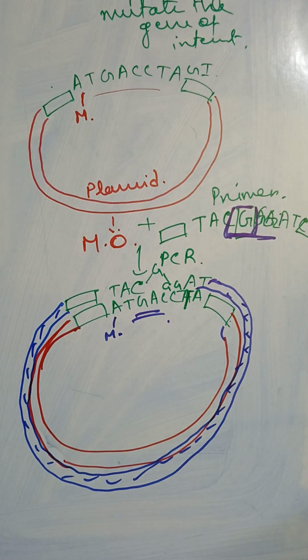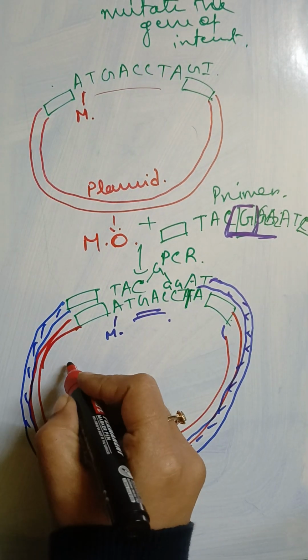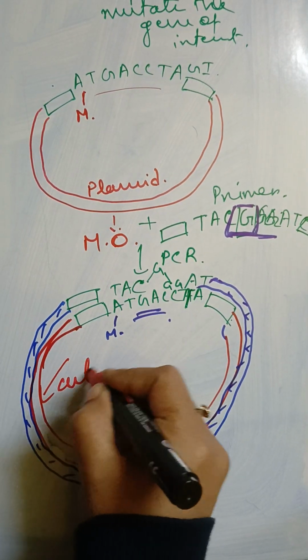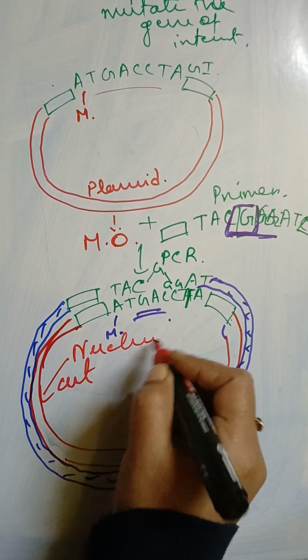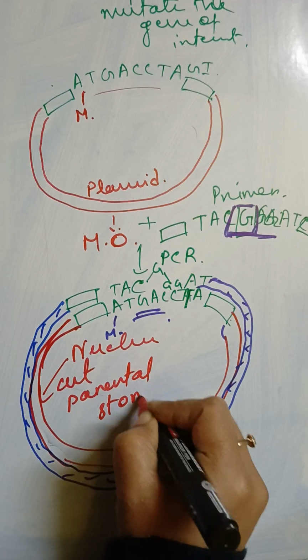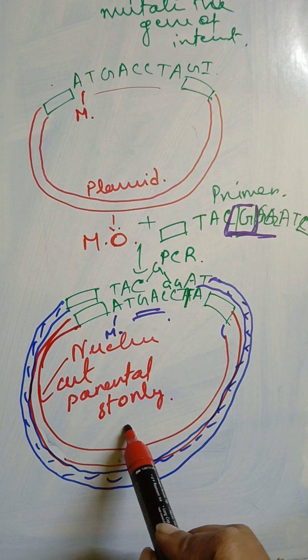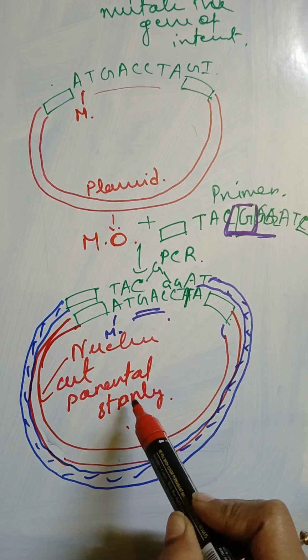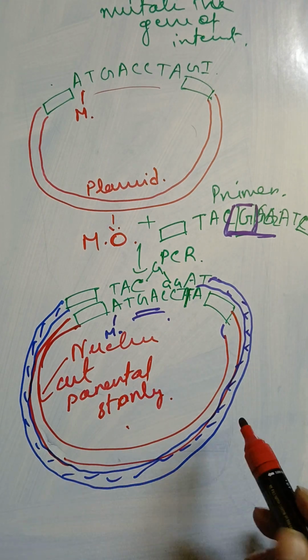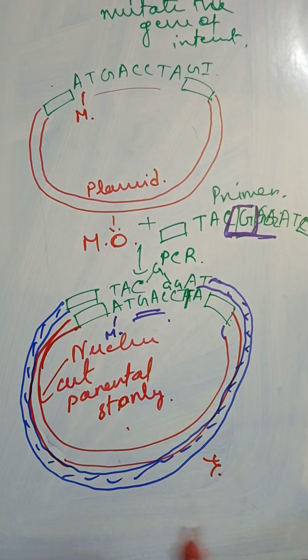And after that, a nuclease will be applied, which will cut the parental strand only. Application of a nuclease specific to cut the parental strand. Okay, and this will give rise to only this.